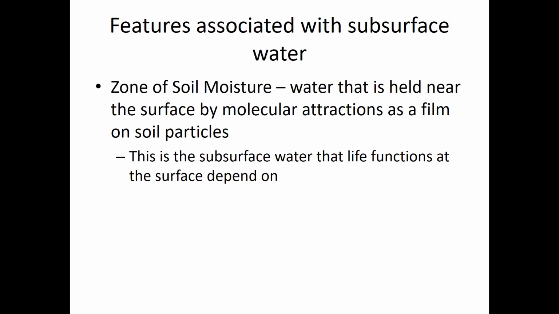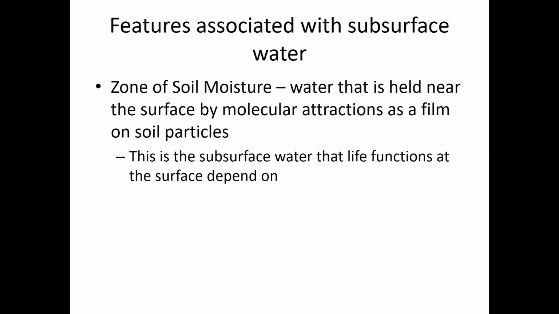And so a thin layer of water adheres to particles in the soil, of sediment and organics in the soil. So this water, the thin film, is held around these particles in the soil. This is called the zone of soil moisture. And this is the subsurface water that life requires to function.